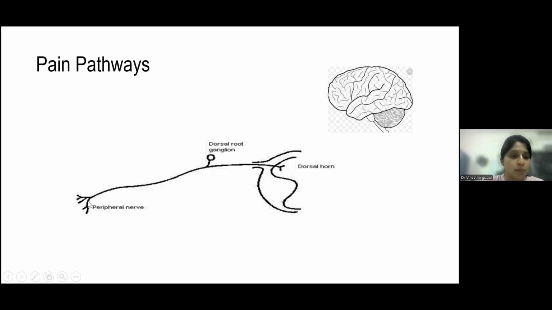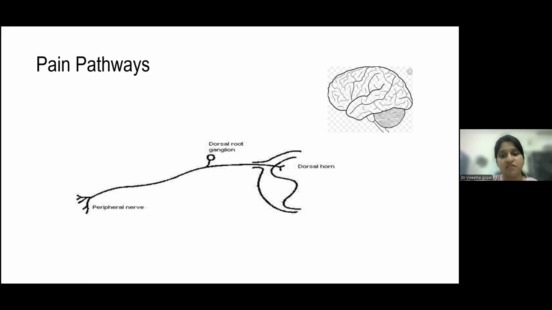One axon goes to the periphery and forms these nociceptors. The central axon goes to the dorsal horn of the spinal cord and synapses with the second order neuron situated in the dorsal horn. And from there, it goes to the cortex. This is the simplest way in which I can explain the pain pathway.